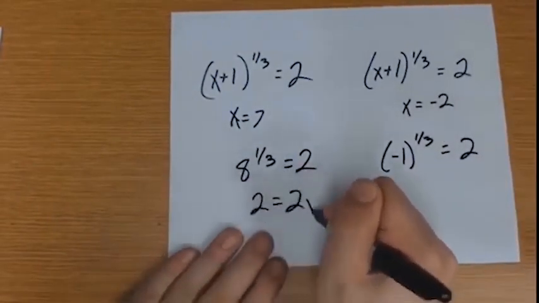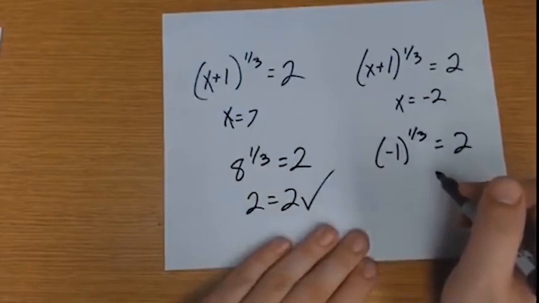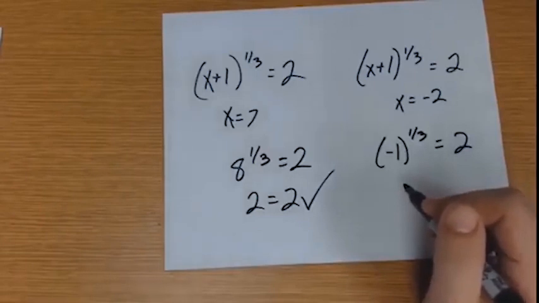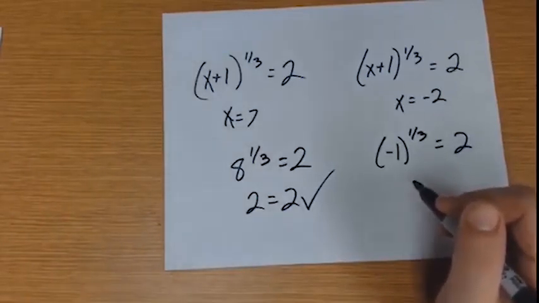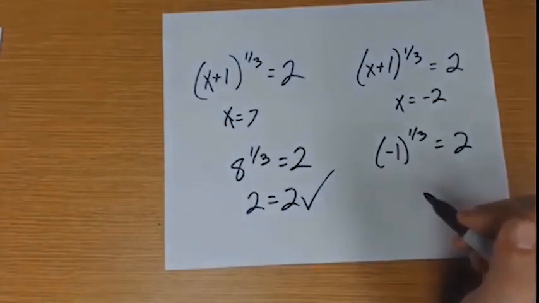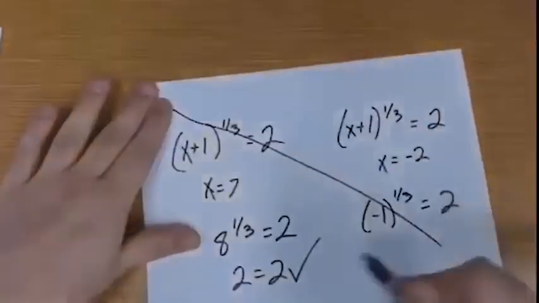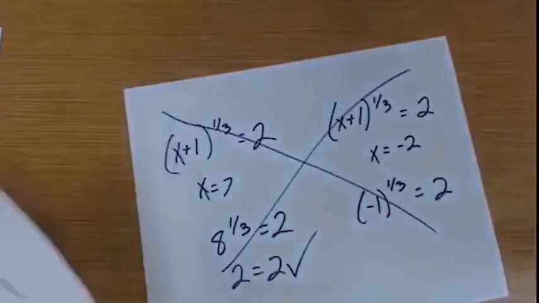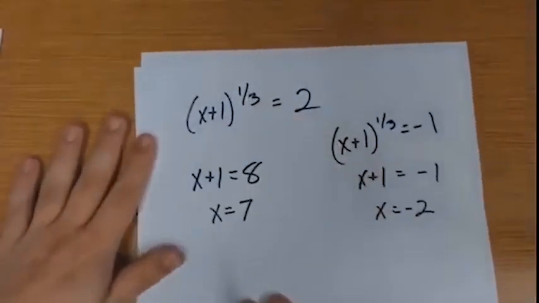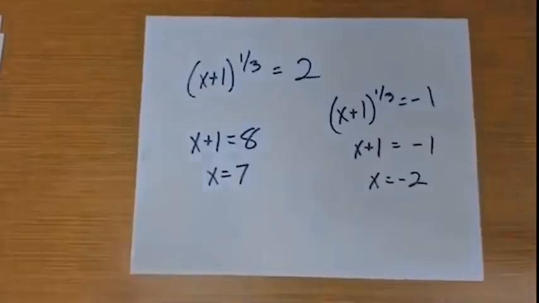Cube root of 8 is 2, so that one checks. Cube root of, what did I do? Oh, I didn't go back all the way to the original. That was my fault. Just ignore all that. I went to here, which was not the original. It was just a step in the program.